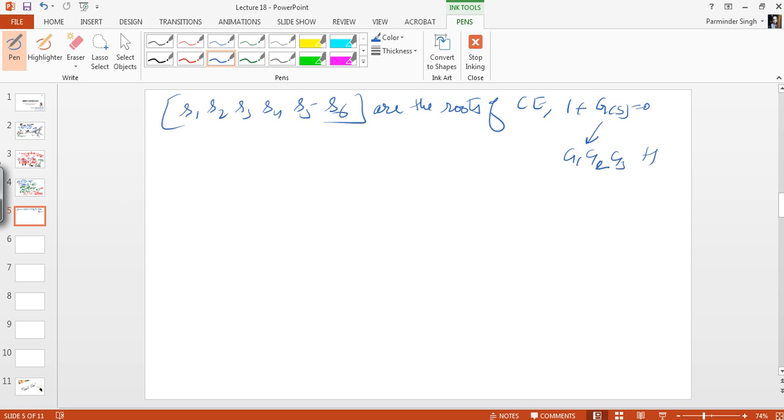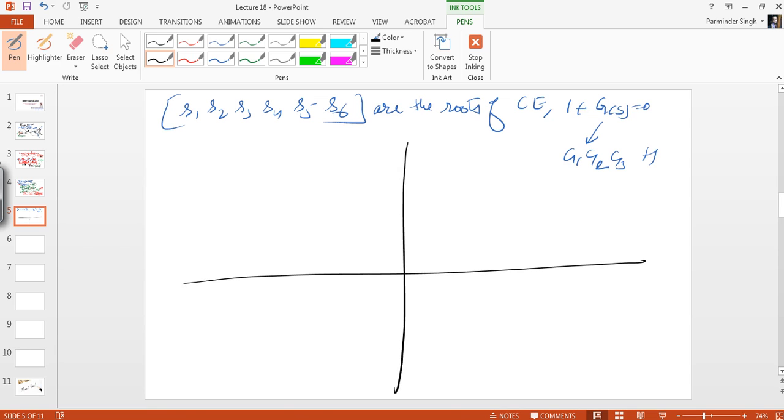Clear? Now these roots are there. Now what we do is, let's plot a plane, with a real axis and an imaginary axis. Let's try to place all 6 roots in this plane of complex numbers.